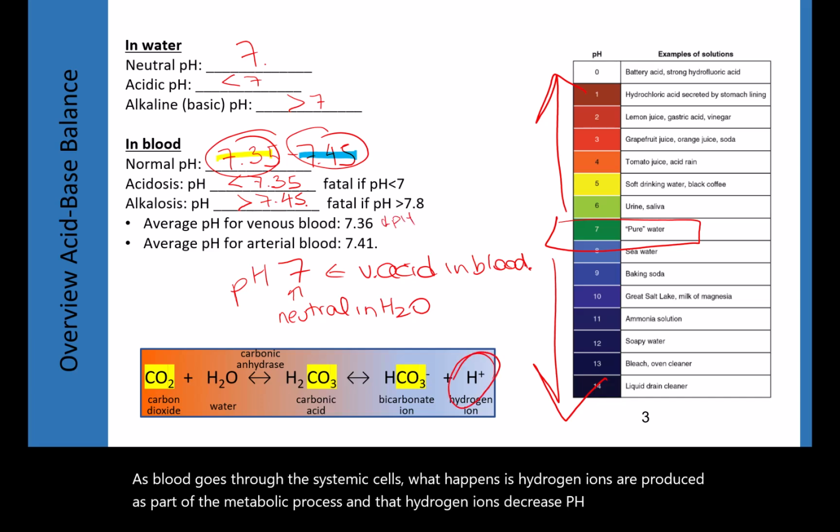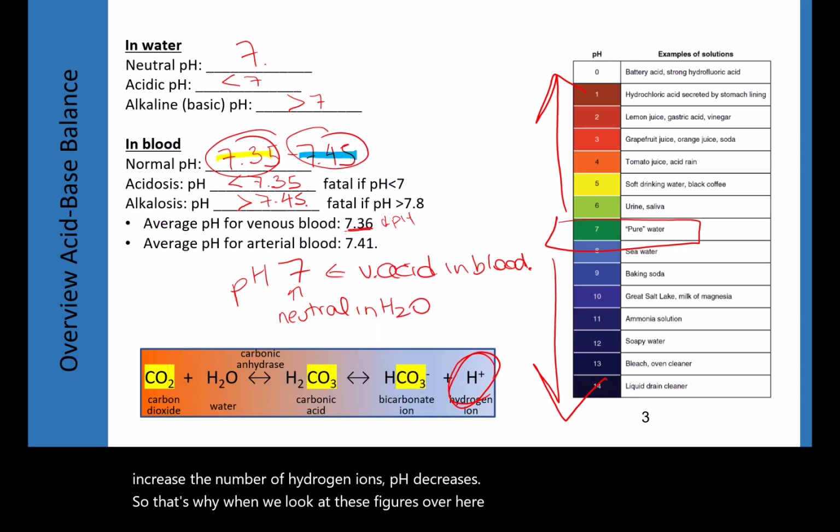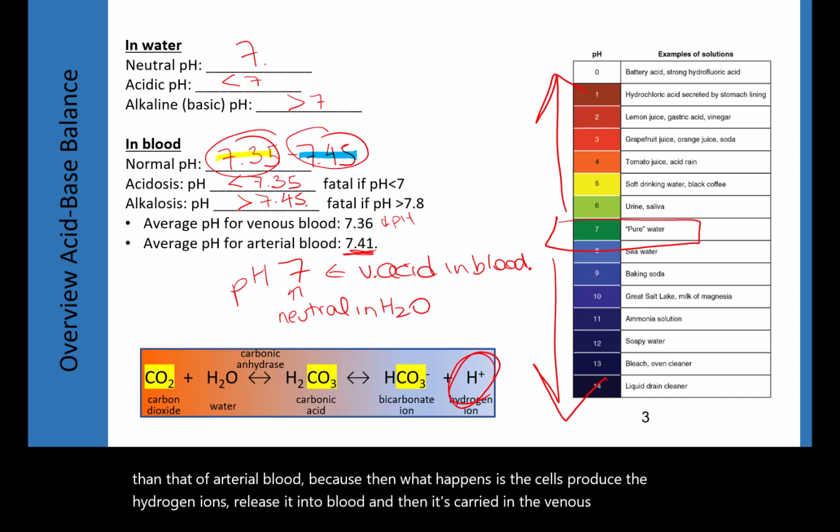So as you increase the number of hydrogen ions, pH decreases. So that's why when you look at these figures over here, the pH of venous blood is lower than that of arterial blood, because the cells produce the hydrogen ions, release it into blood, and then it's carried in the venous blood.